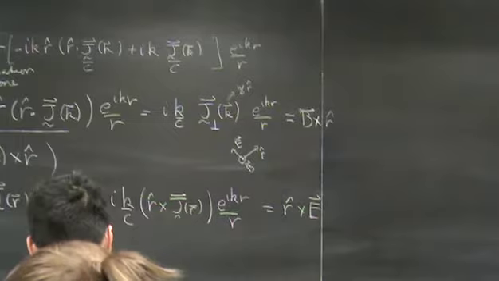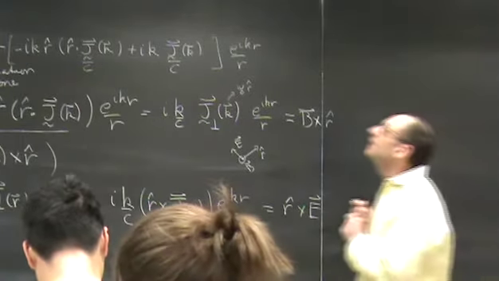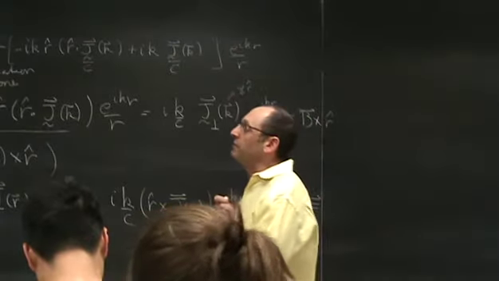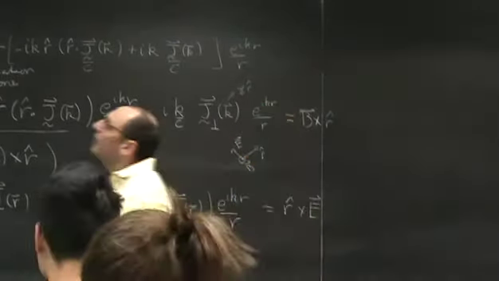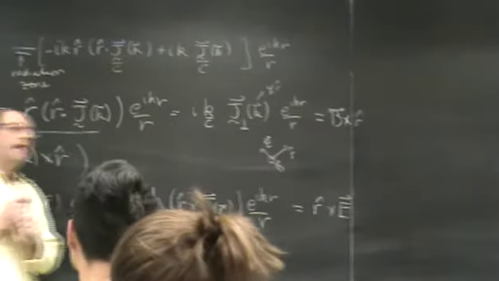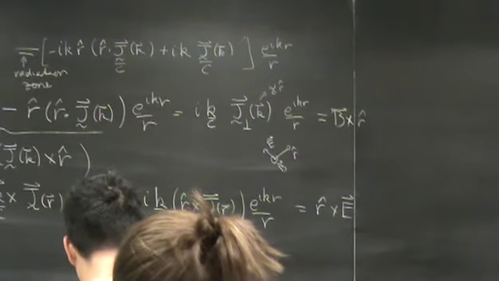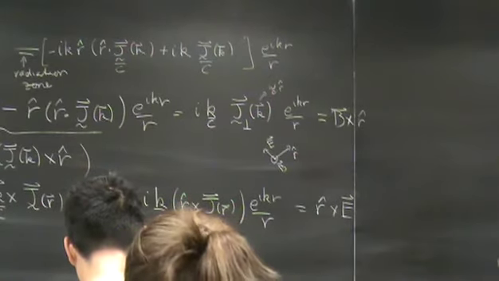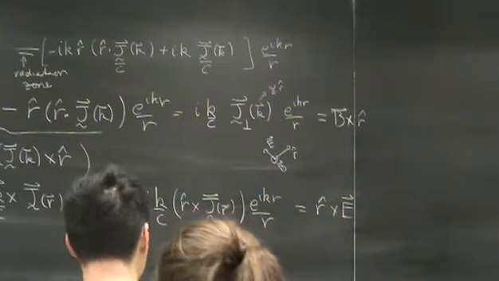Okay, so far this expression has not made a multipole expansion. It's just said we're keeping the radiation pieces and we have harmonic oscillation of our charges. Now we'll make a multipole expansion.